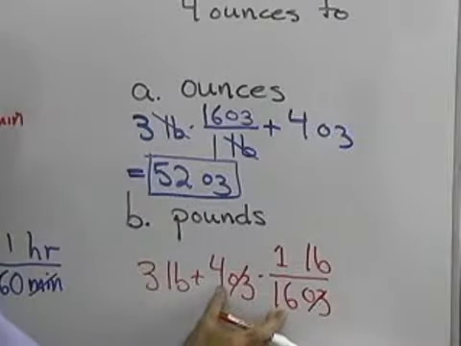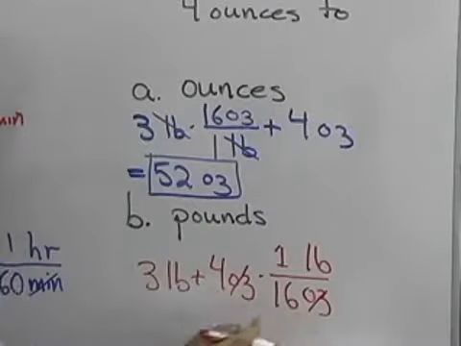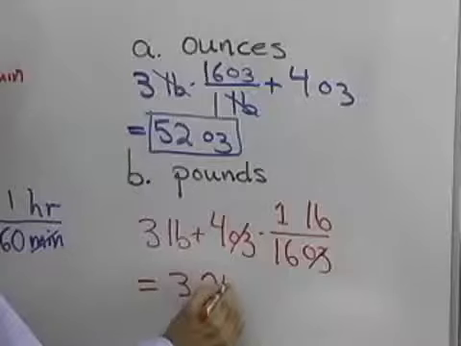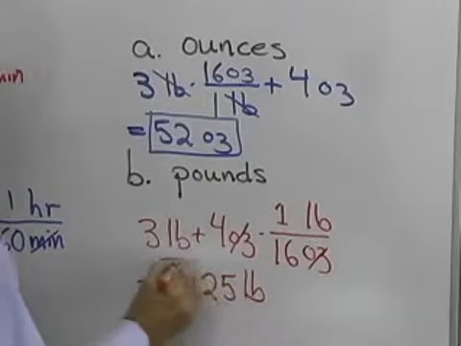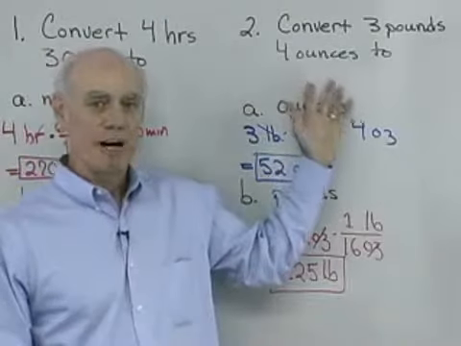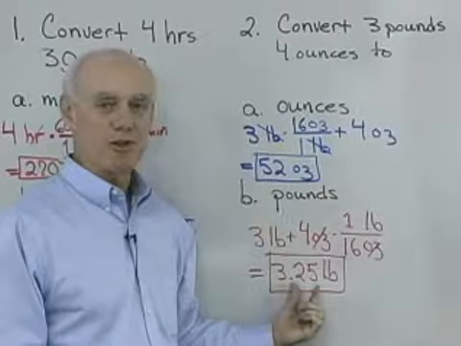If I write that as a decimal, 0.25. 3 pounds plus 0.25 pounds, this will be 3.25 pounds. So that same quantity, 3 pounds 4 ounces, can be written as either 52 ounces or 3.25 pounds.